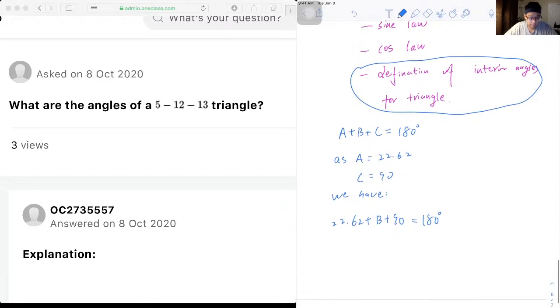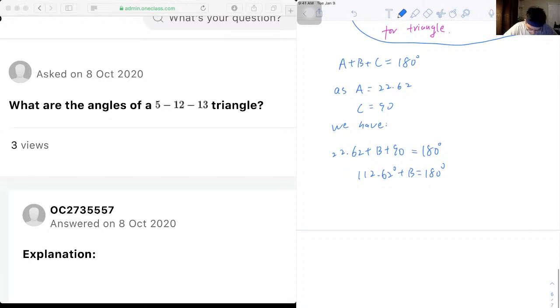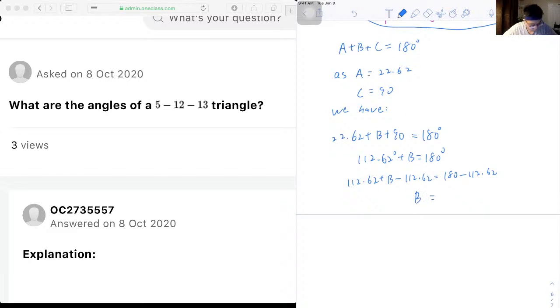And that's going to be 112.62 degrees plus B is equal to 180. And then we minus 112.62 on both sides. So we will have 67.38. Okay.